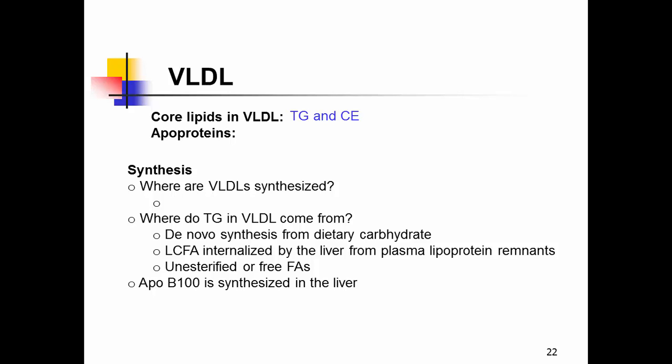What about the apoproteins on the VLDL? What type of apoprotein? Let's see. ApoB100, right? And ApoC2, which is also important for LPL activity, for LPL to hydrolyze triglyceride in VLDL, and also ApoE.